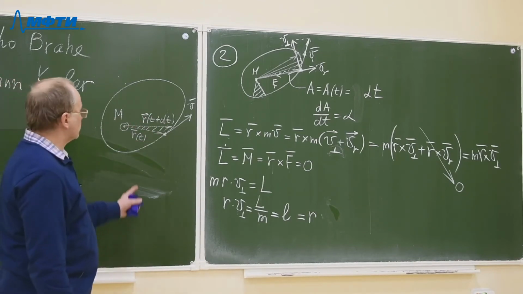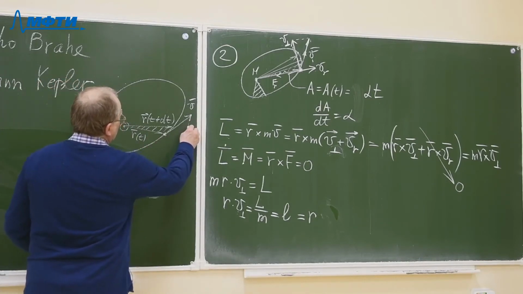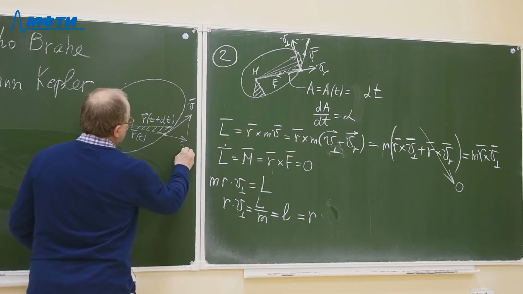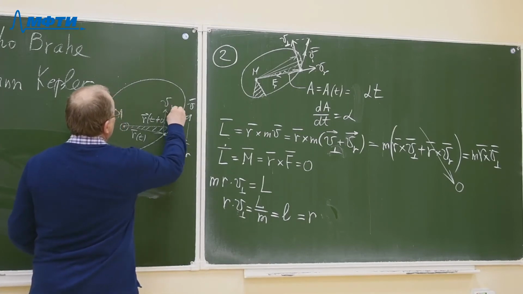So in order to do it, I have to find two components of velocity, that is the radial component and the perpendicular component.